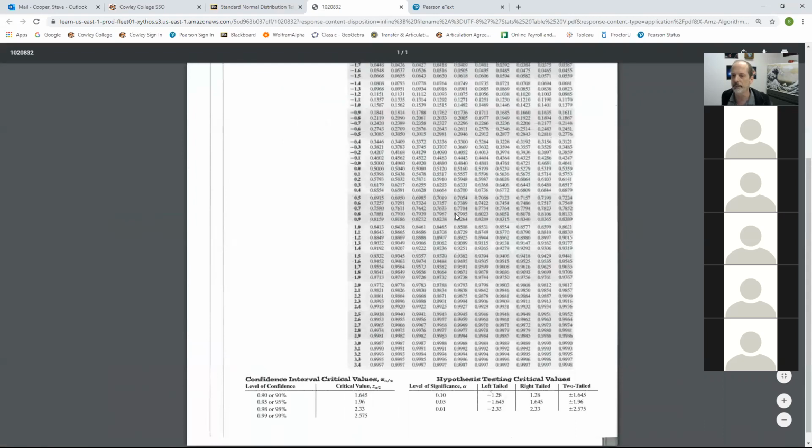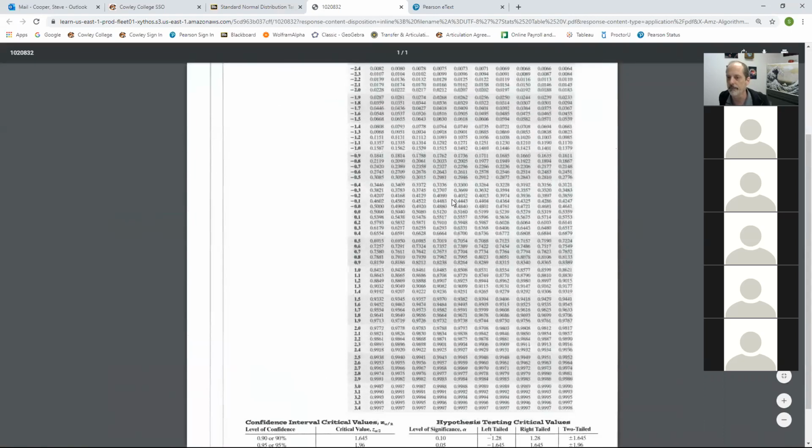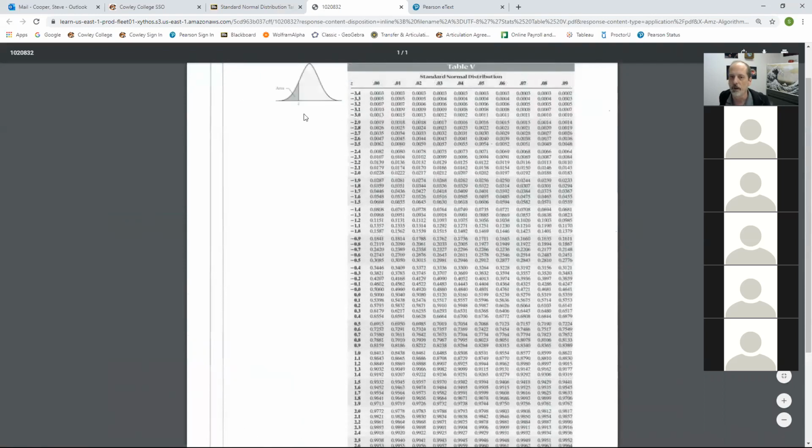All of these values inside the table are the areas for different z values. It gets as comprehensive as you're probably ever going to need, giving you different areas by increments of the z-score. So for a z-score of negative 2 point something, I get the left of the decimal in the column, and then the first decimal point in the column as well, but then I have to add the second decimal point along these columns and find the area that corresponds.